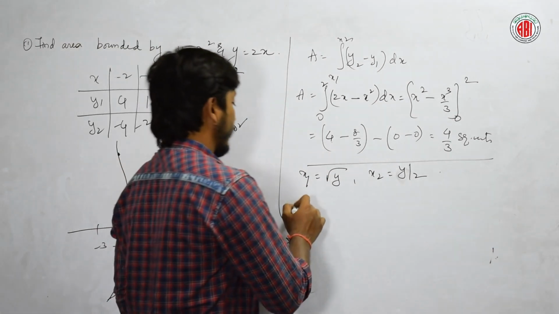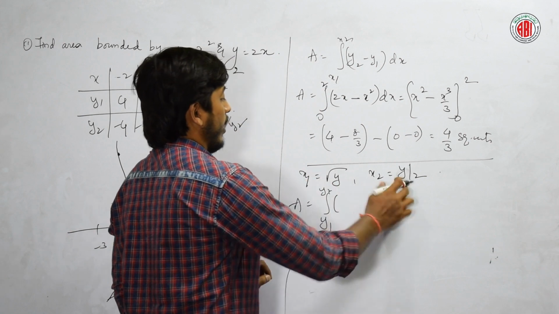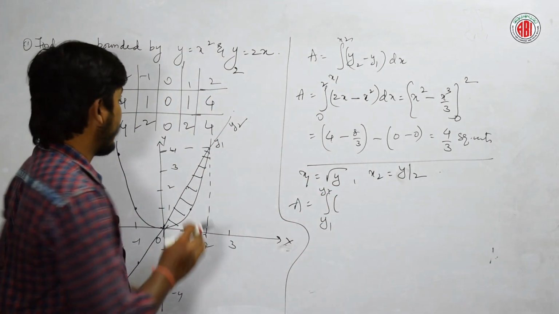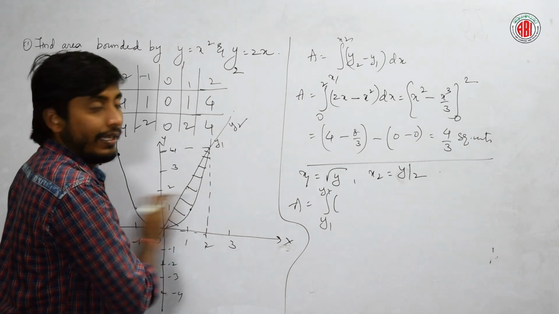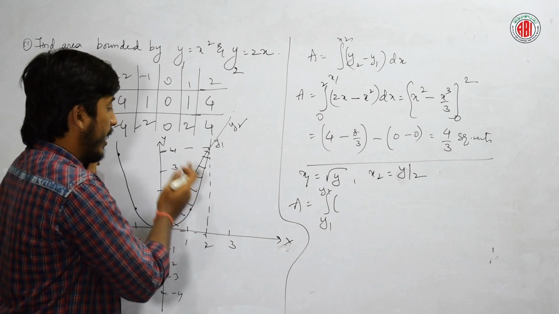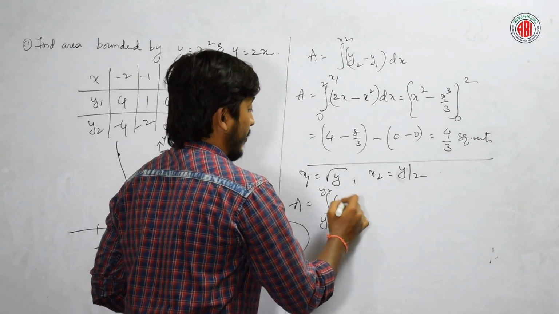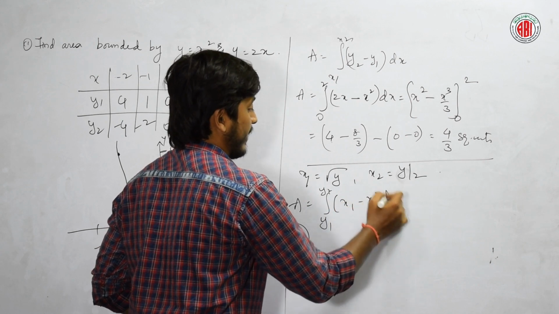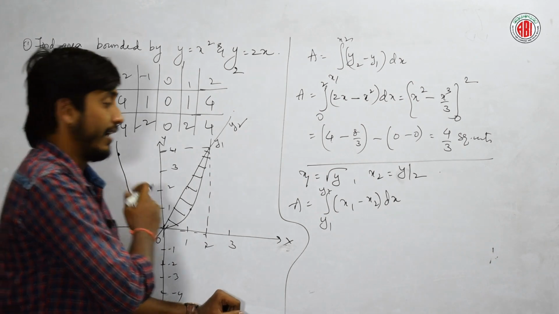Now the area will be the integral from y1 to y2. Just check here. From this side we have to take, from positive to negative. The limits are 0 to 4. Here the y1 is first and y2 is next, I mean x1 is first and x2 is next. Clear? We have to come from this side.